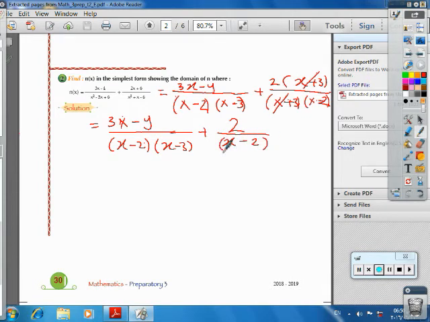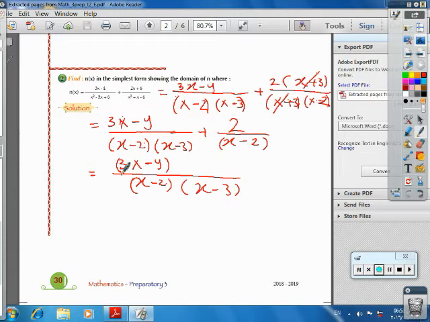Now in the two denominators we can see x − 2 and in the second fraction x − 2 also. Now we can make the LCM to make them in similar denominators. (x − 2)(x − 3). In the second fraction we can multiply the numerator and denominator times x − 3.